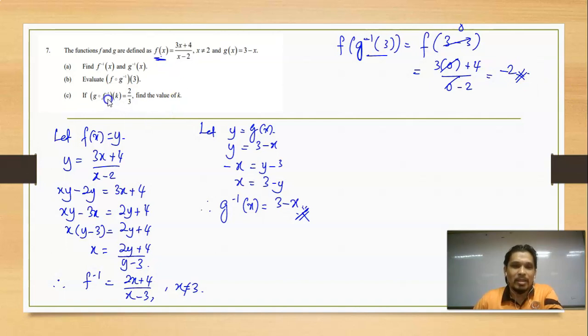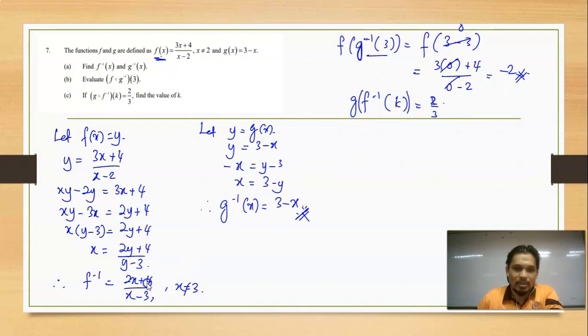Okay, and then next one here, let's say g of f inverse, where x equal to k, equal to 2 over 3. So replace the x with k. Now what is f inverse?